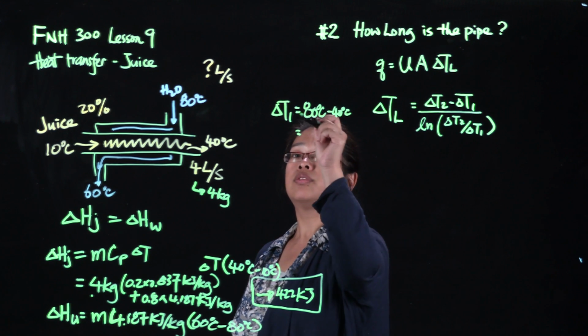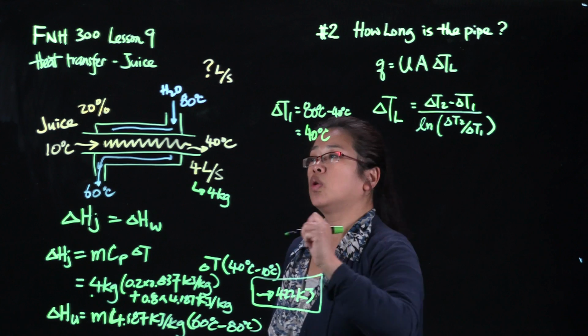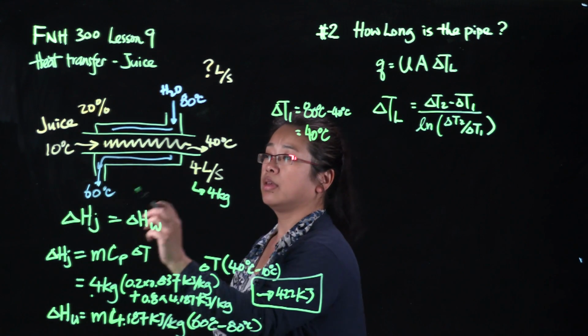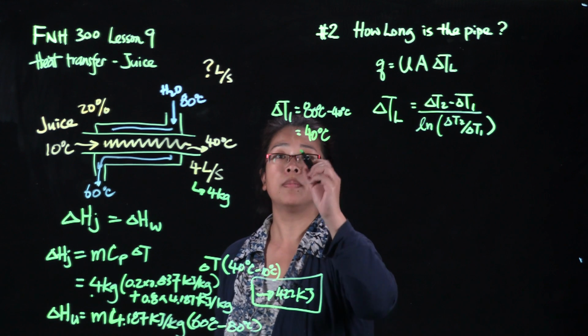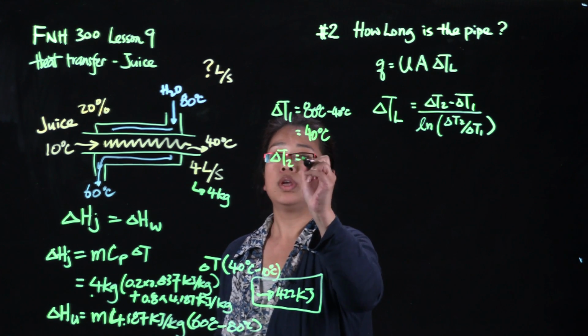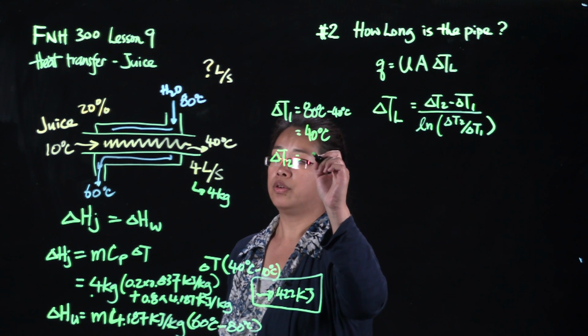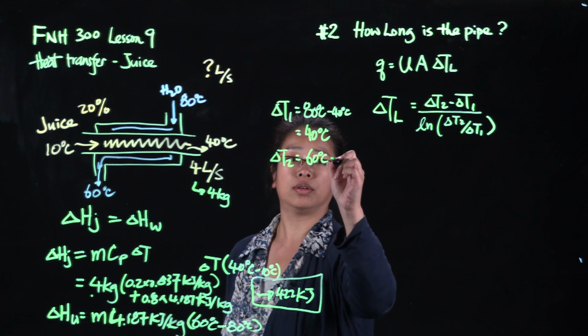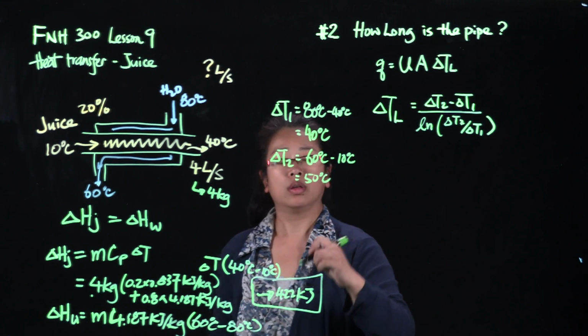So the difference is 40 degrees Celsius. When we look at the end of the pipe, or the heat transfer exchange system, at the end, we see a temperature difference of 50 degrees Celsius.